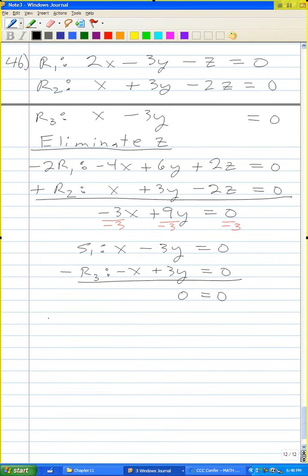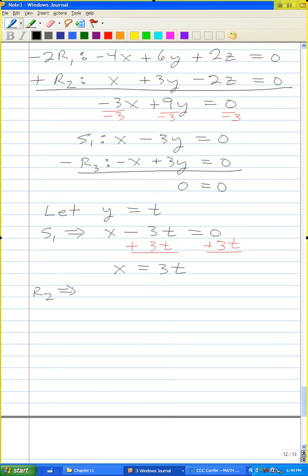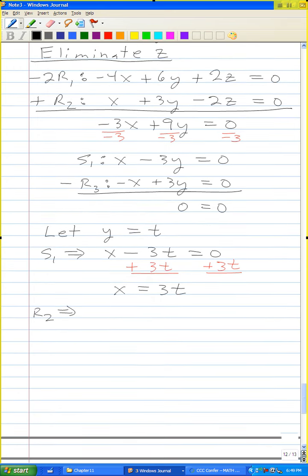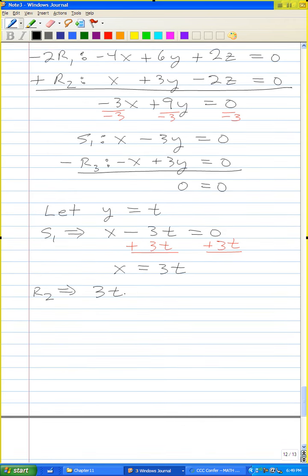And so x is equal to 3t. Okay, good. Let's use, I don't care which one, let's say R2. So R2, x plus 3y minus 2z equals 0.